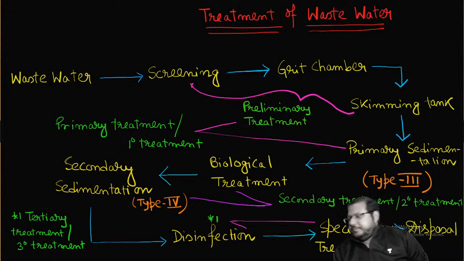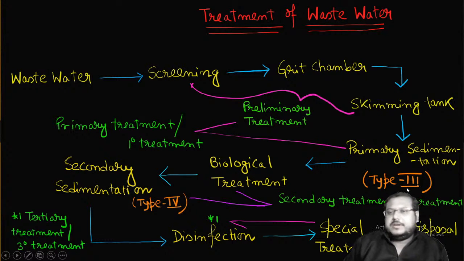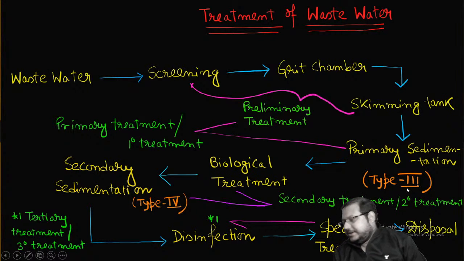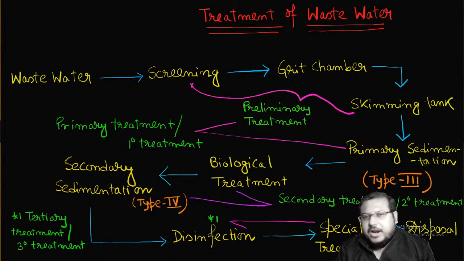This is the primary treatment process. In the treatment of wastewater, this is the treatment scheme, where wastewater goes for the screening, grit chamber and skimming tank, and then primary sedimentation. In the primary sedimentation, what type of sedimentation is observed? Primary sedimentation in wastewater engineering is a type 3 settling process. The screening, grit chamber and skimming tank are called preliminary treatment, and along with primary sedimentation, it is called primary or 1-degree treatment.